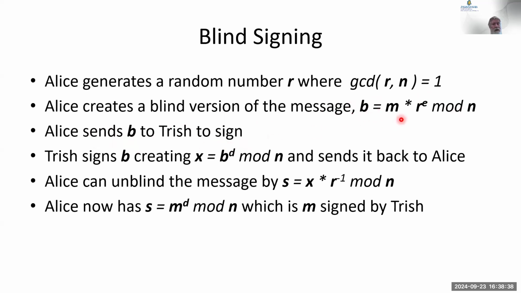Tish can't read it because she doesn't know what the random number is. So Tish signs B, creating X, the signed version, X = B to the D mod N, where again, D is Tish's private key. And Alice can unblind it by computing S = X times R inverse mod N. And now Alice has the signed version, which is M to the D mod N.